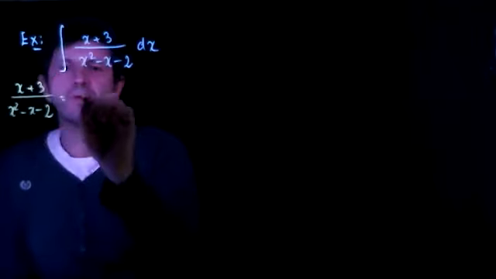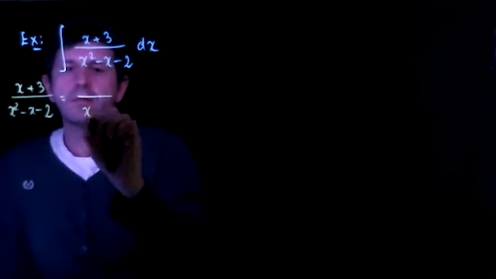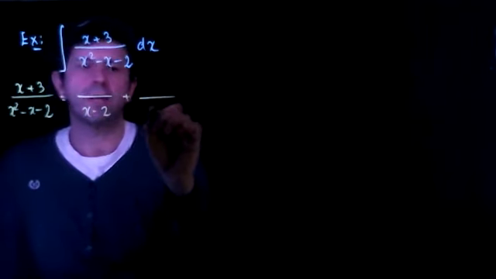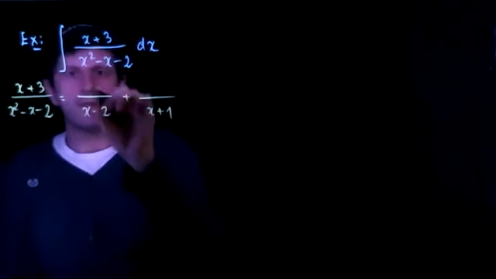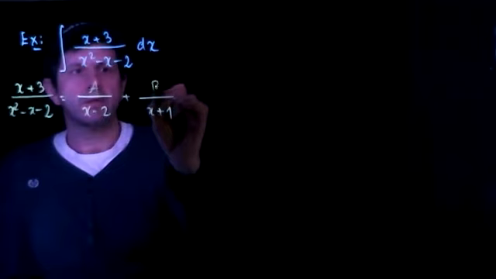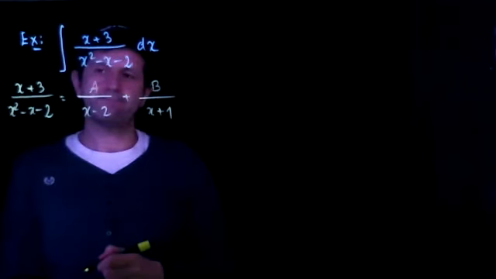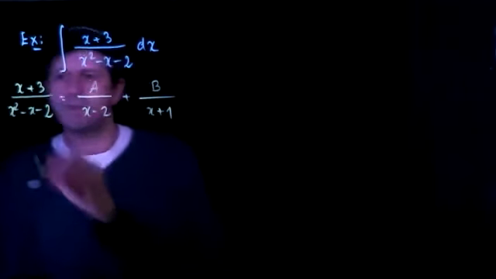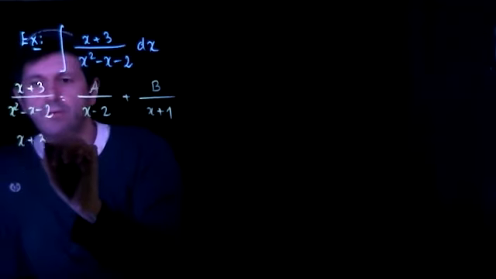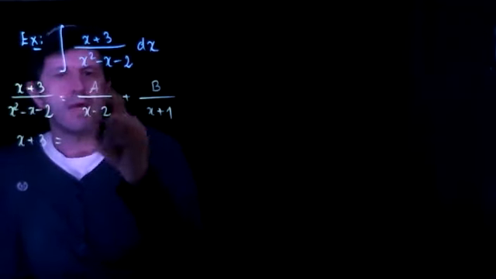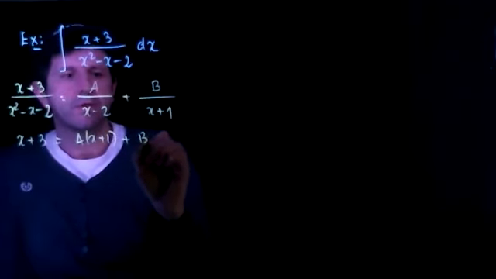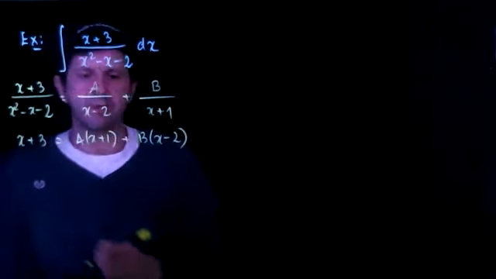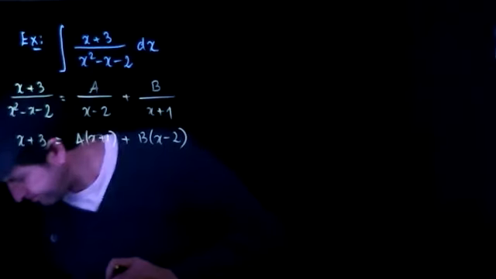So if I factor this denominator, I will get x minus 2 and x plus 1. Okay, and so x plus 3 has to equal a times x plus 1 plus b times x minus 2.